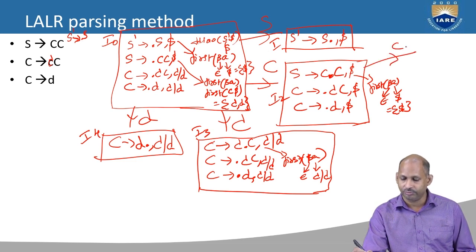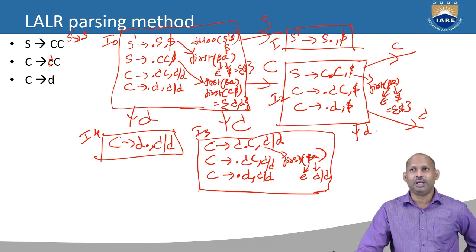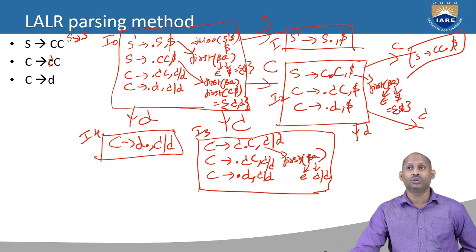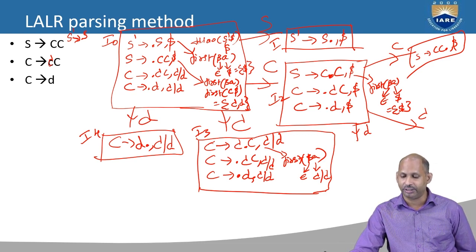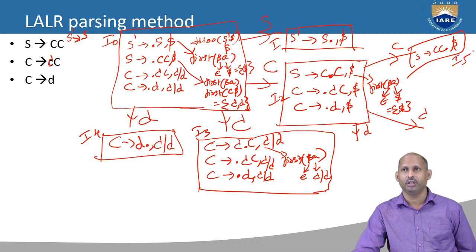On capital C, then what happened? S gives CC dot, followed by dollar sign, dot, and so no need to add any productions. The group is completed. So this is I5.